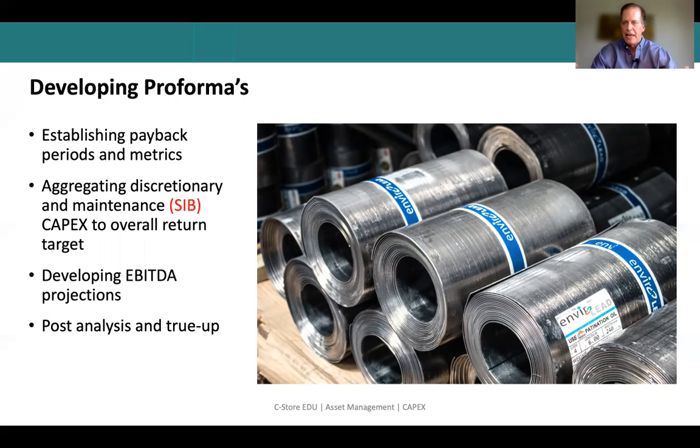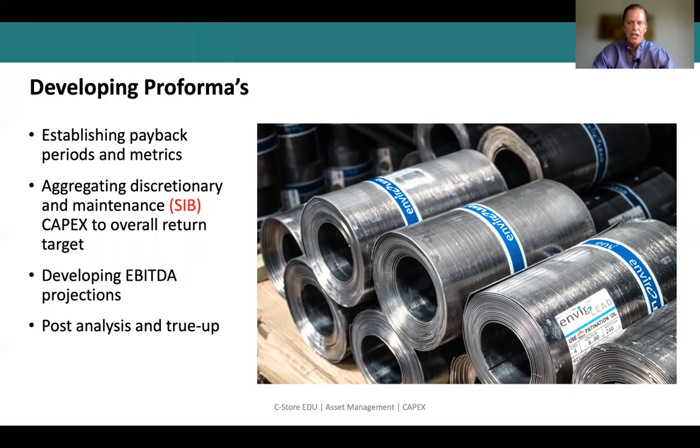So you develop EBITDA projections through all of these. That's earnings before interest, taxes, depreciation, and amortization, which is kind of the bottom line of what these projects are returning. And then, I think the most important thing is you have to develop a mechanism to do post-analyses on each of these projects. Just because someone says a project's going to return 20% doesn't mean that it returns 20%.